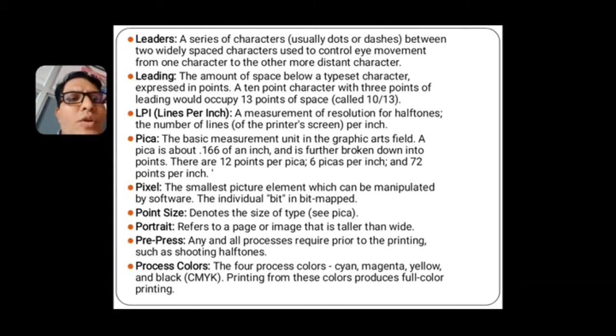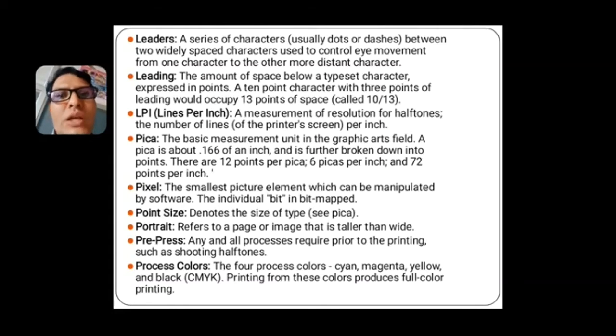Okay, and next one is pre-press. Any and all process required prior to the printing, such as the shooting of tones. So as we know, what is a press, right? How the images are placed on your paper, as we have seen in that video. So let us see this pre-press. Whatever process is required before printing has to be done.